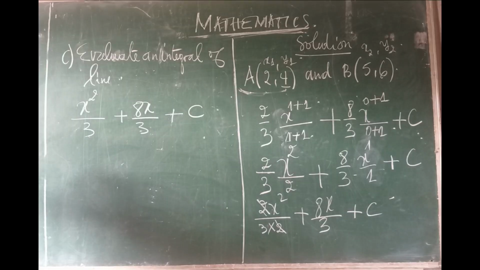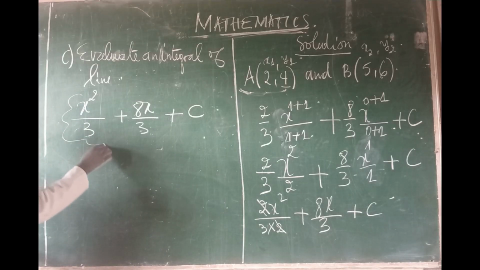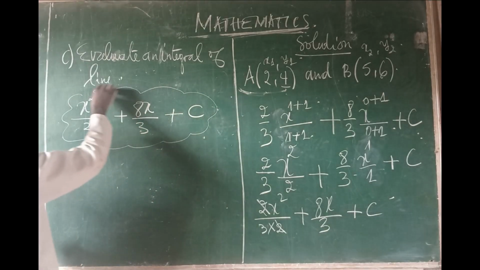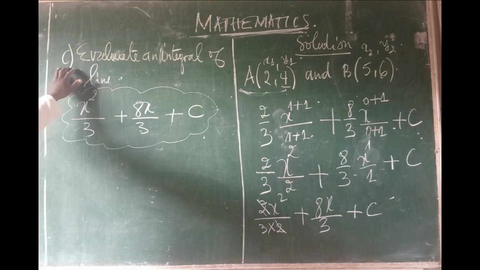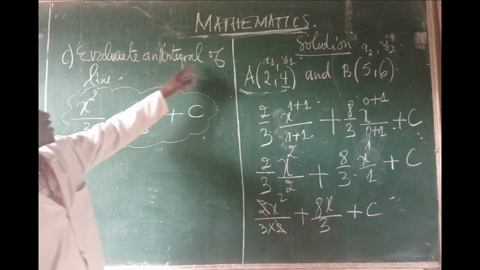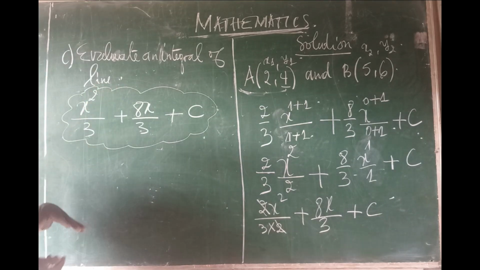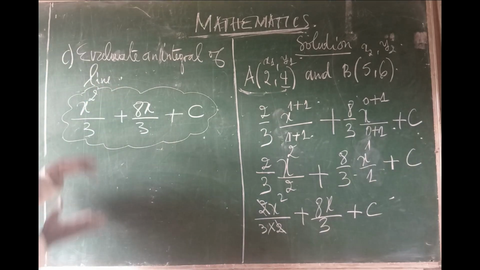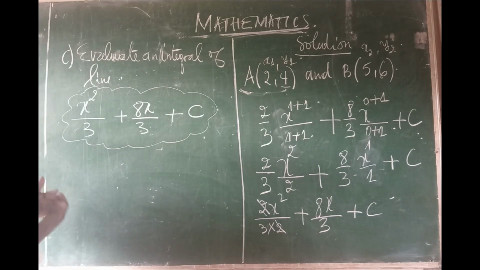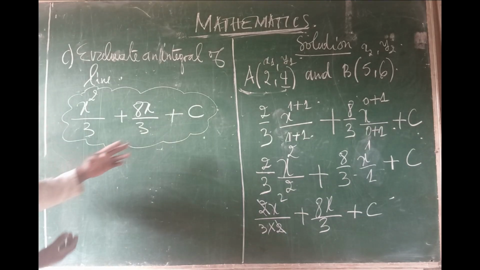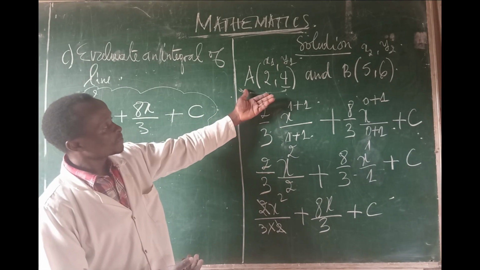So, this is the last question that we have asked. It was to find the integral of the line. You remember, we have done this equation step by step, where we were given powers. It was the first question.